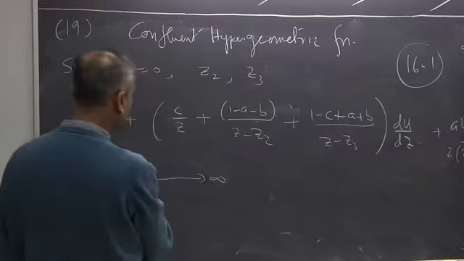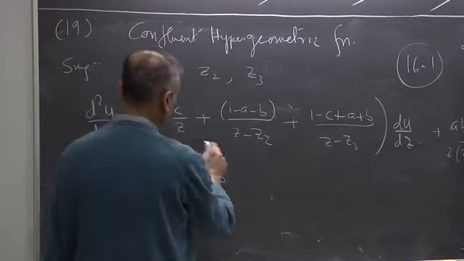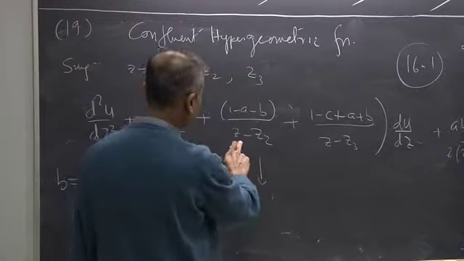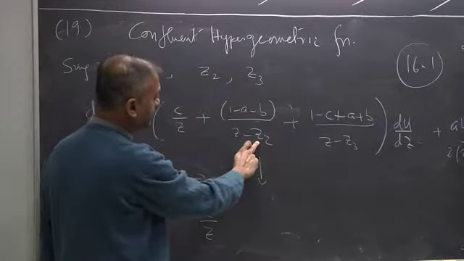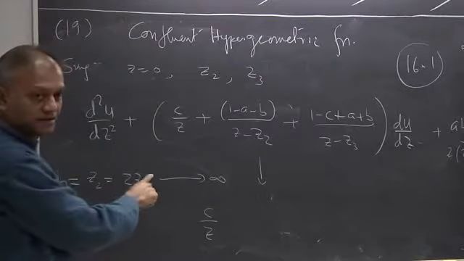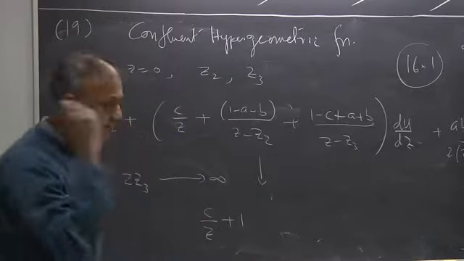So let's do this. When I take this limit, what happens to this object? C over Z is as it is. Here, Z2 is infinite. Z2 and B are equal, and they are both going to infinity. So this simply becomes +1, right?